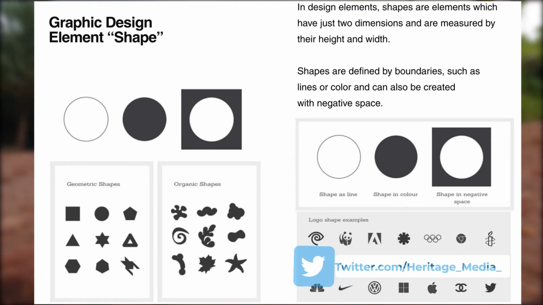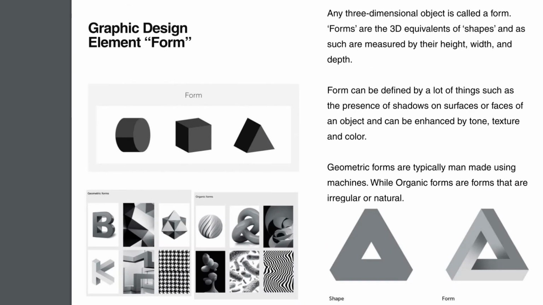Okay, so let's move on to form. Form. Any three-dimensional object is called a form. Forms are the 3D equivalent of shapes, and as such are measured by their height, width, and depth. Form can be defined by a lot of things, such as the presence of shadows on surfaces or faces of an object, and can be enhanced by tone, texture, and color.